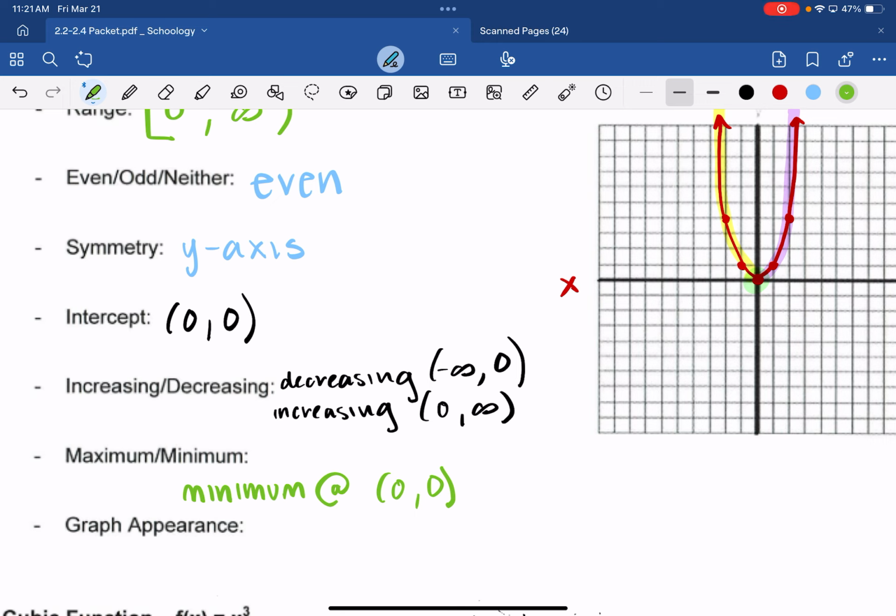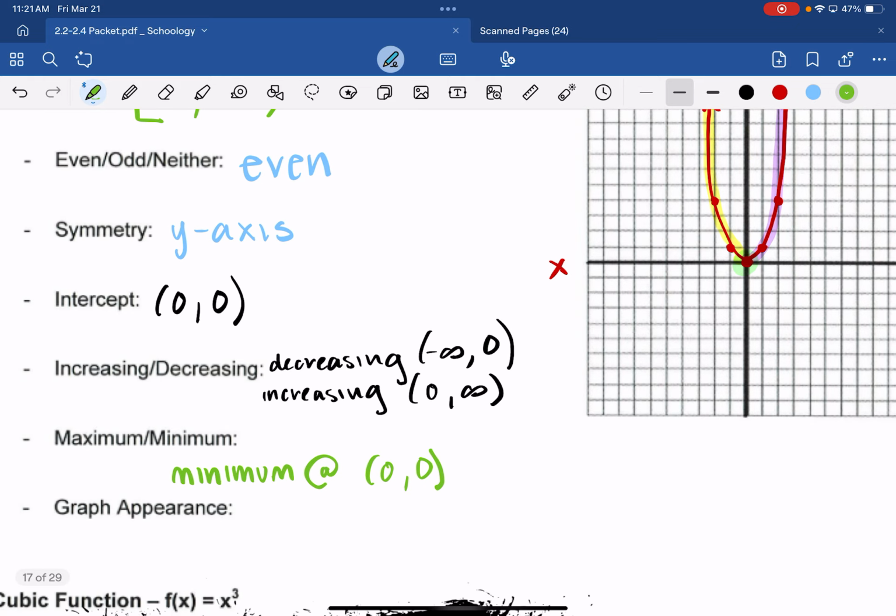And not all of our functions will have a max or min either, so some of these we won't even talk about. All right, and then last but not least, graph appearance. I'm just going to say U shape. There's really no totally correct answer, but if you were to say a straight line, I would say that's wrong. But if you wanted to describe it as something else, you could have done that too.